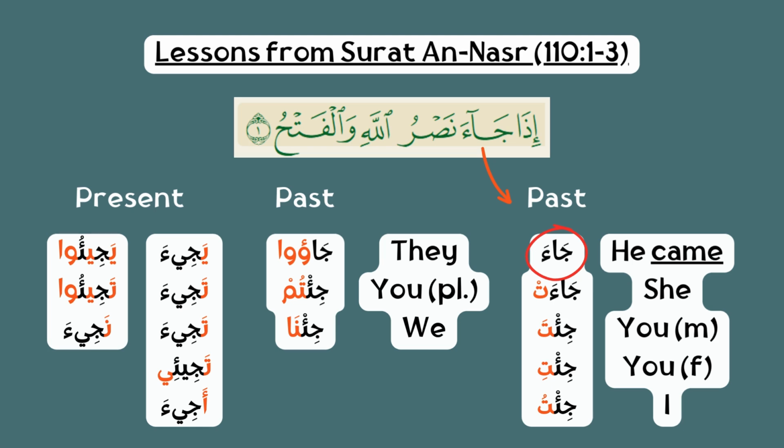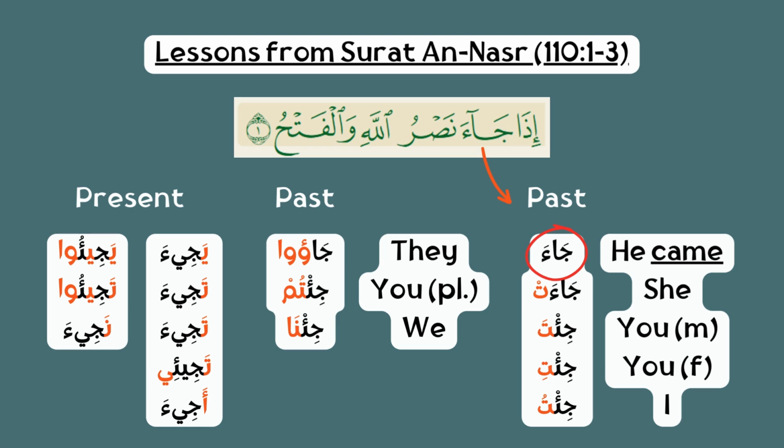And in the street, you can say ja'a, but in the street usually they would say aja. So "he came," they would usually say aja. And instead of saying ja'at, "she came," they would usually say ajat, depending on the accent. So for example, jitta, "you came," talking to a man, instead of saying jitta, they would say jit. Or to a lady, instead of saying jitti, they would say jiti.